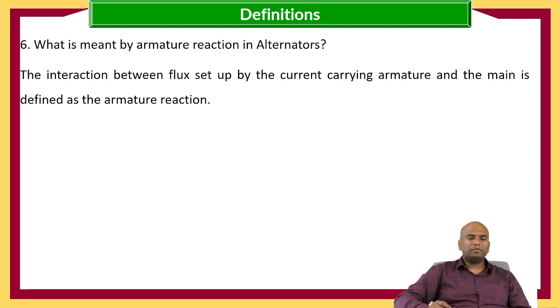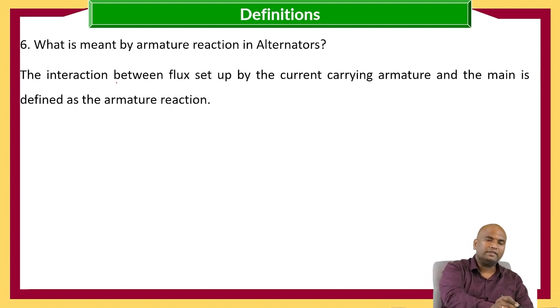What is meant by armature reaction in alternators? Here, armature reaction is nothing but the interaction between the main flux and the armature flux. The interaction between the flux set up by the current carrying armature and the main flux is defined as the armature reaction.